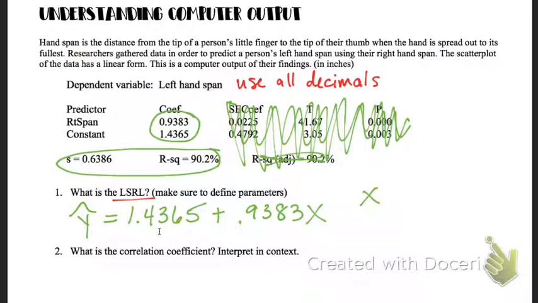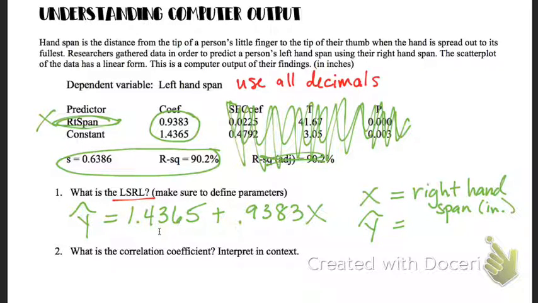So my x and my y. What's my x? Right hand span in inches. And what is my y, or I guess you could say y hat? Left-hand span. The right hand span is always my x variable.